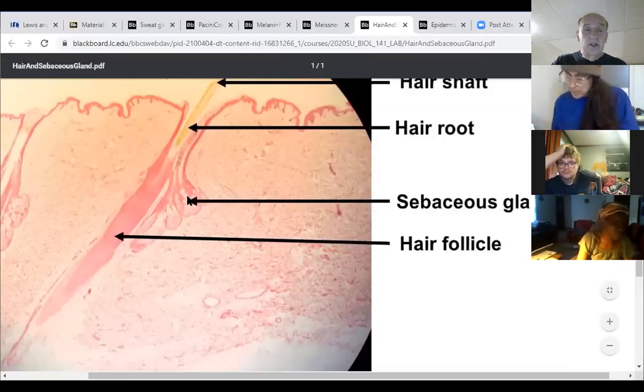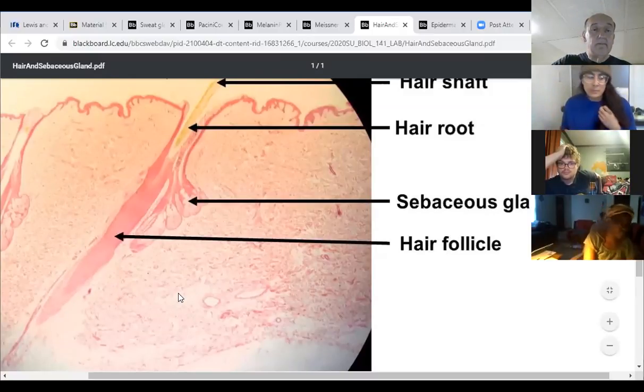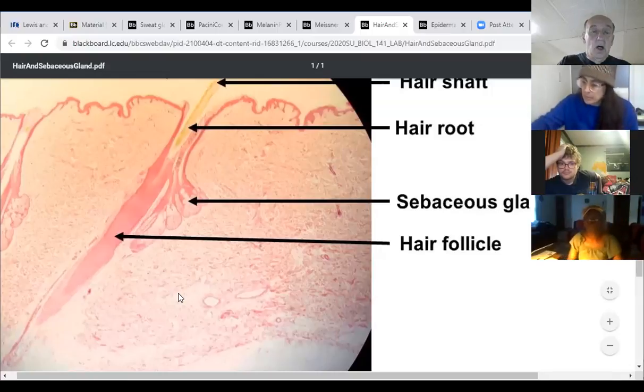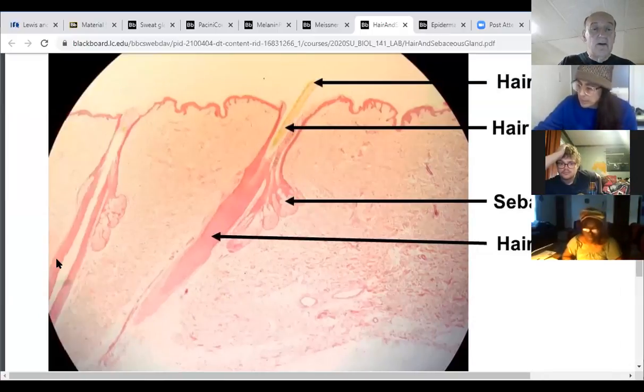And you also see this bag-like structure, the sebaceous gland, pouring its secretion, the sebum, right onto the hair root. Model makers represented this really well. If I move this to the left, you see yet another hair follicle, yet another sebaceous gland. The hair is missing from this particular hair follicle.